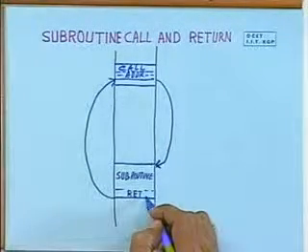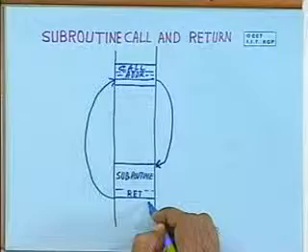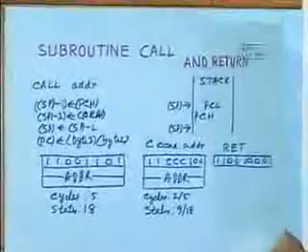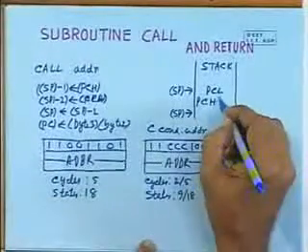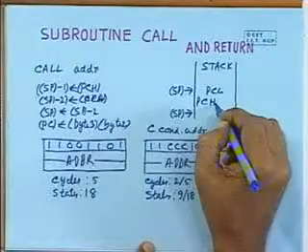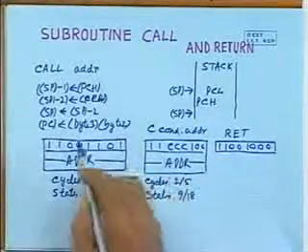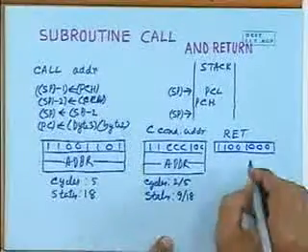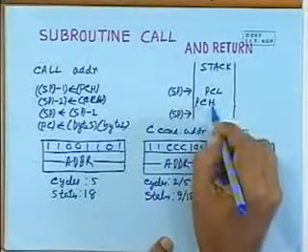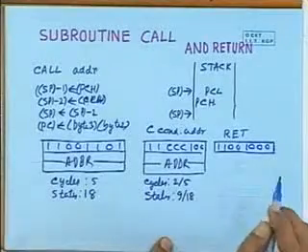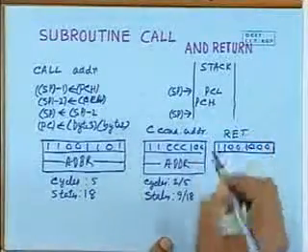That is the last instruction of a subroutine, and the outcome of this is that the stack which was holding the PCL and PCH values will be loaded into the program counter. Since these two values are there in the stack, they have to be fetched.